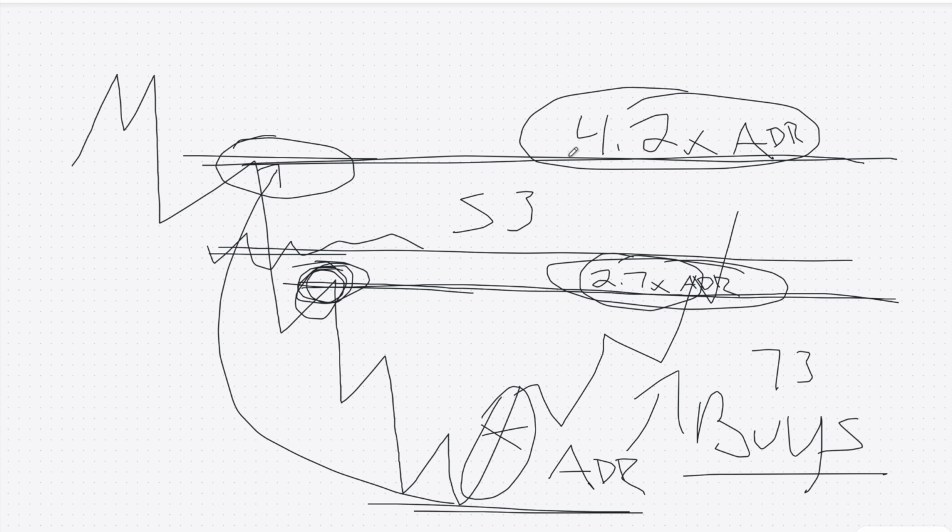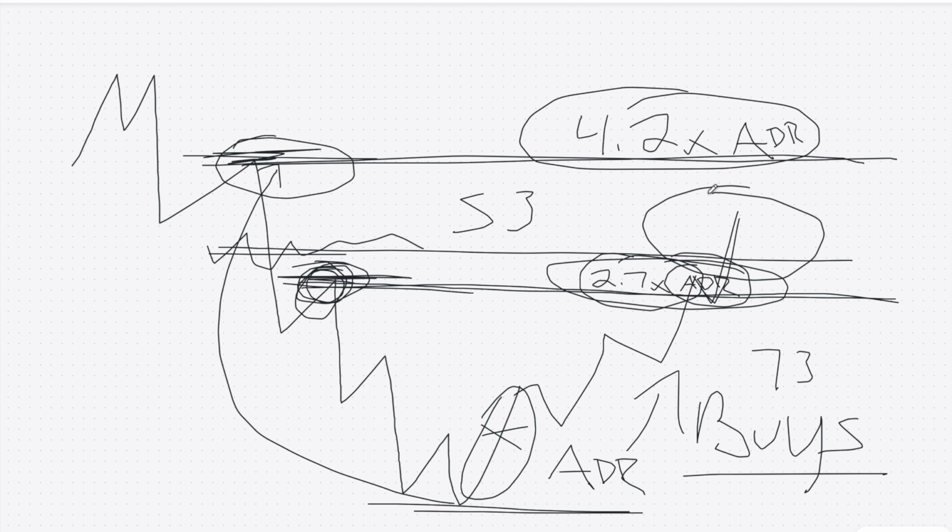Price is attracted to orders. And the only place that orders are going to be is here and here, because that's where buy and sell stop orders are.